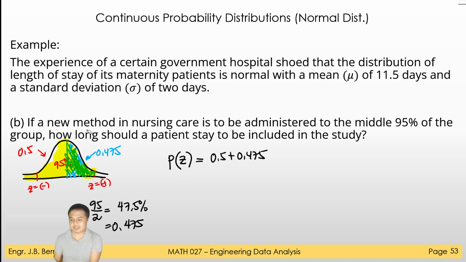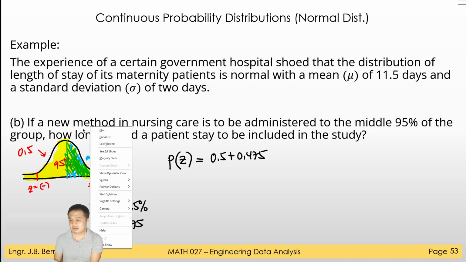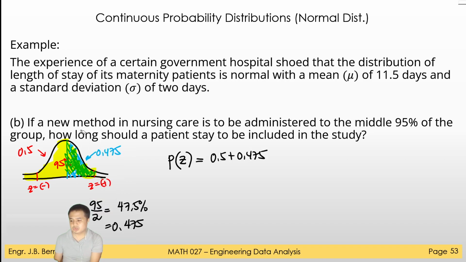If you remember, the standard normal distribution is symmetric, meaning if you split this in the middle when z is equal to 0, then half of this area will be 50% or 0.5. Therefore, what we're looking for is 0.5 plus 0.475, which is 0.975.